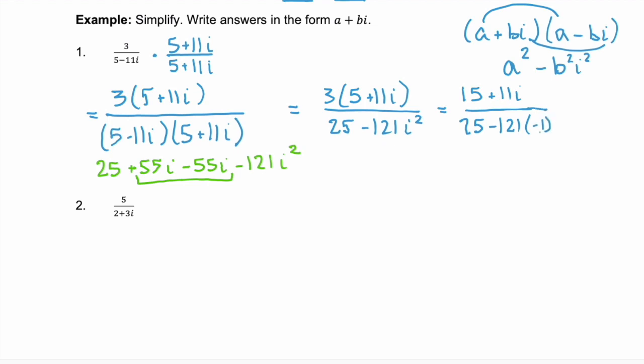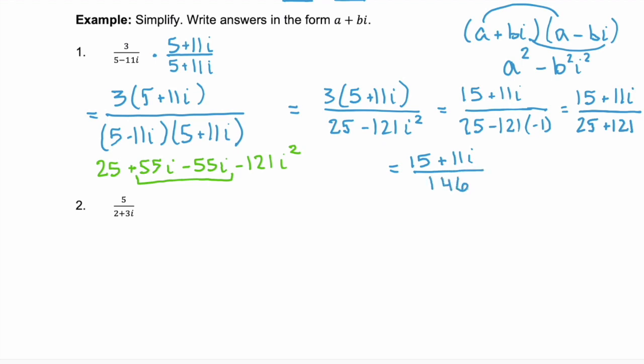Because i squared is negative 1. Keep simplifying. We get 15 plus 11i over 25 plus 121. A couple more steps. Our numerator stays 15 plus 11i, and our denominator is 146.